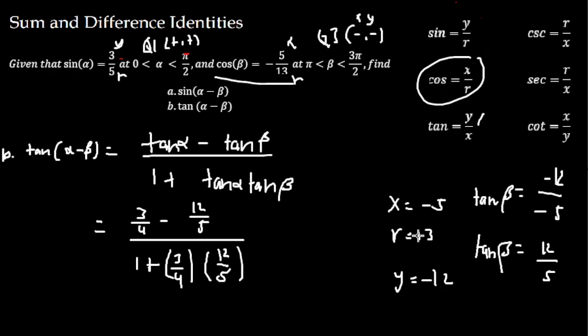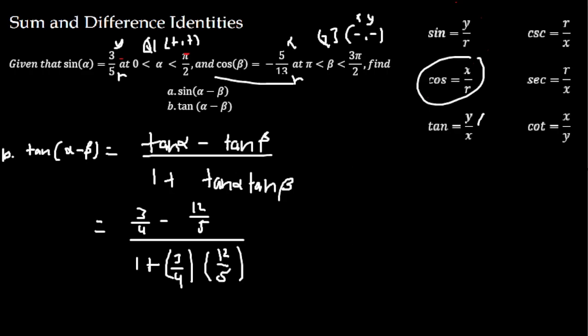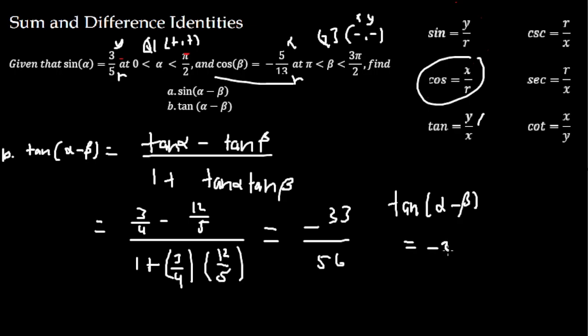According to my calculator, the answer is negative 33 over 56. Therefore, our tangent of alpha minus beta is equal to negative 33 over 56.